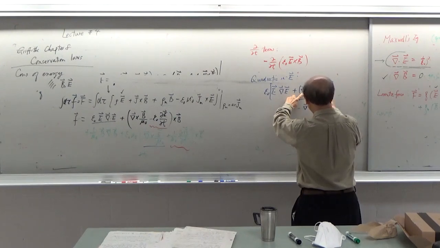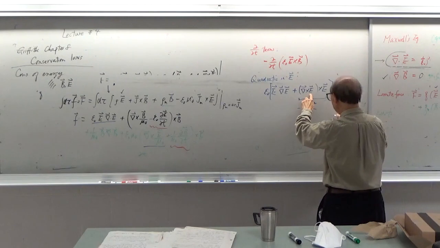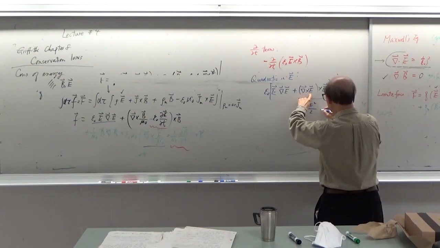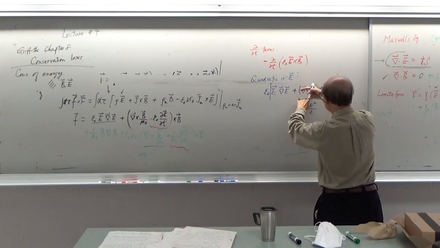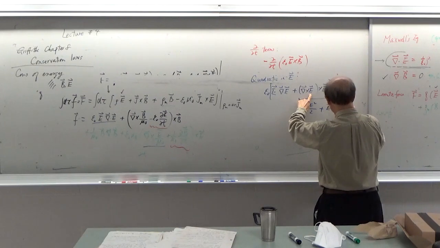Now E dot E, since there are two of them, so I put in the first a 1/2 E squared. And then there's a term in the direction of E, and plus, who's the other side? This will be minus, but now, since this is plus, plus E dot gradient dot E.